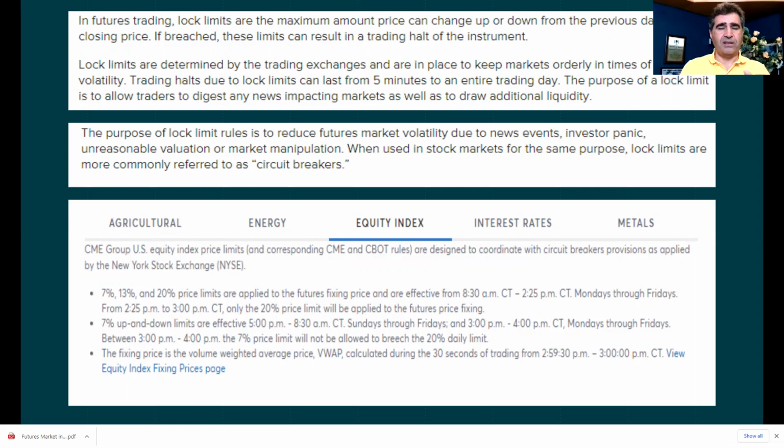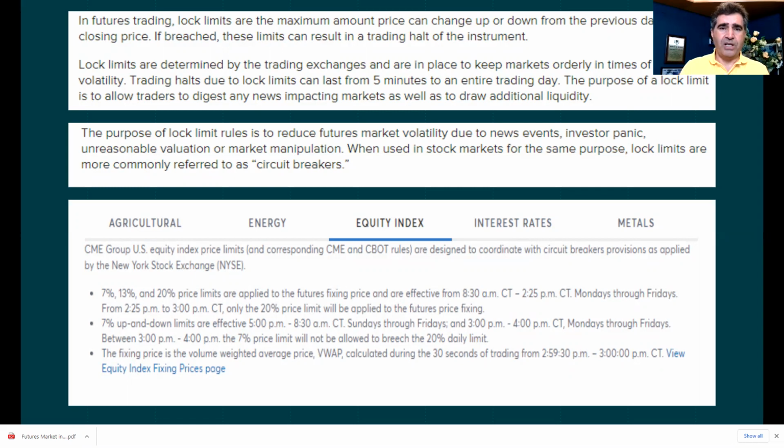We make sure everything's settled. So the next day, if it does the same thing, goes down, let's say 30 points, like in corn it's about 7%, then they will halt it again. So sometimes you cannot do anything because as soon as it opens, it comes down. That's what risk management is about.